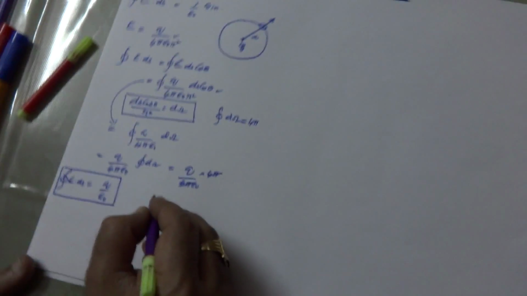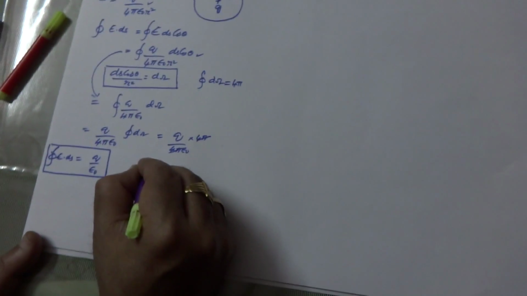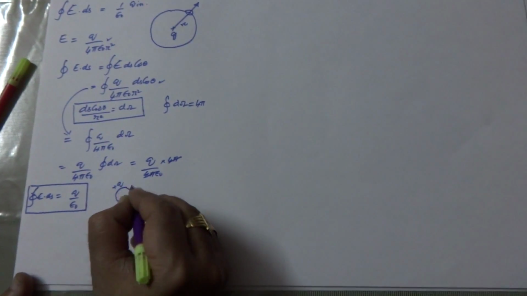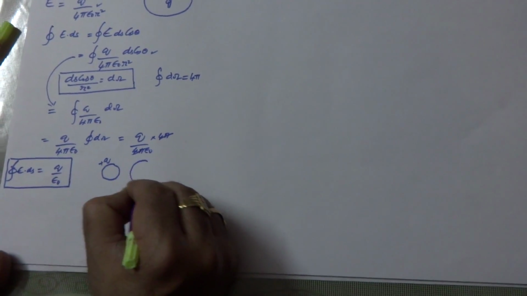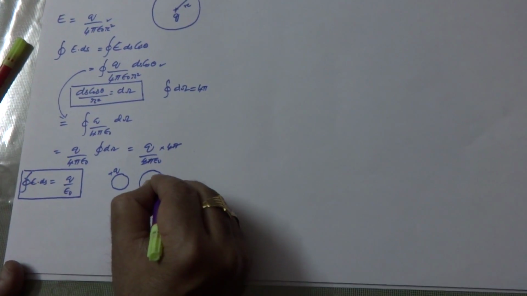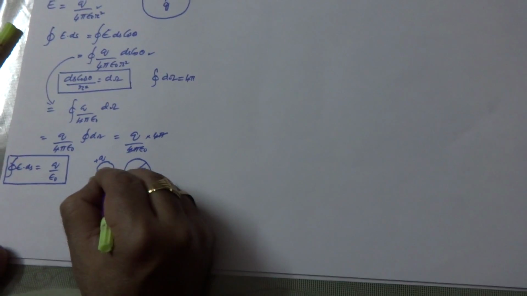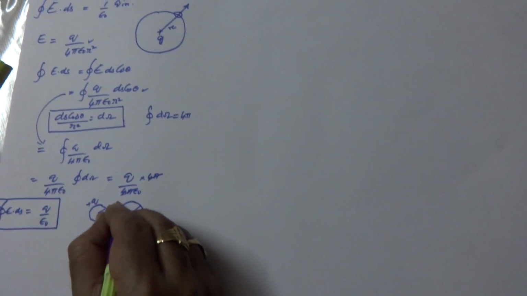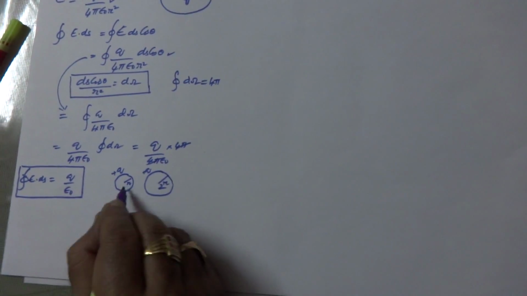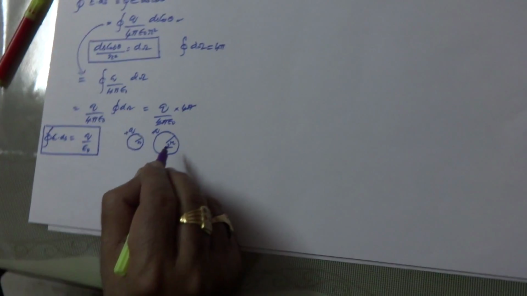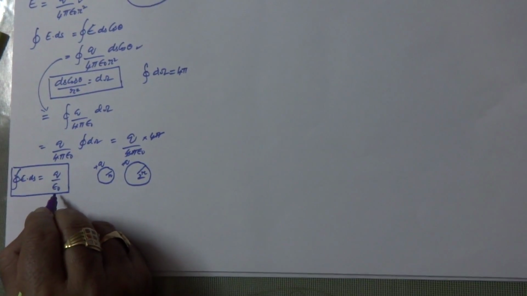Sometimes a question can be given that a balloon is there and the charge given on the balloon is positive q. Now if the balloon is inflated and its radius is doubled, initially suppose it is r, now it is 2r. Now, what should be the change in the flux? Remember, the flux is nothing but q by epsilon naught.